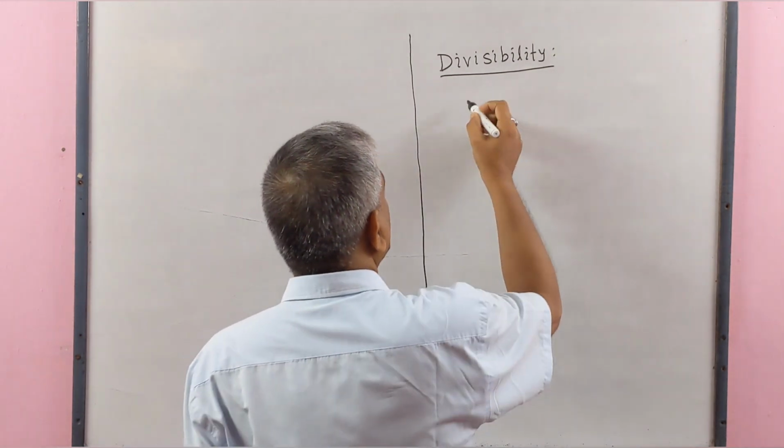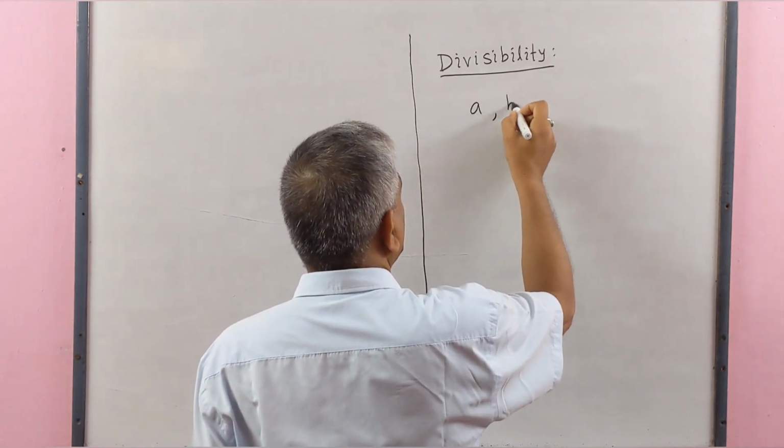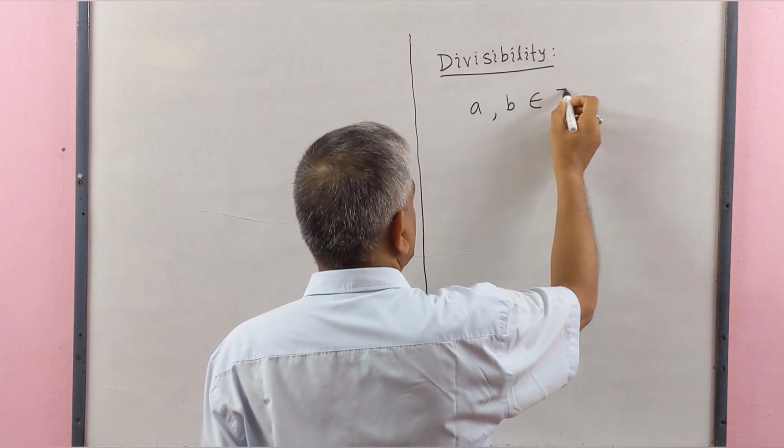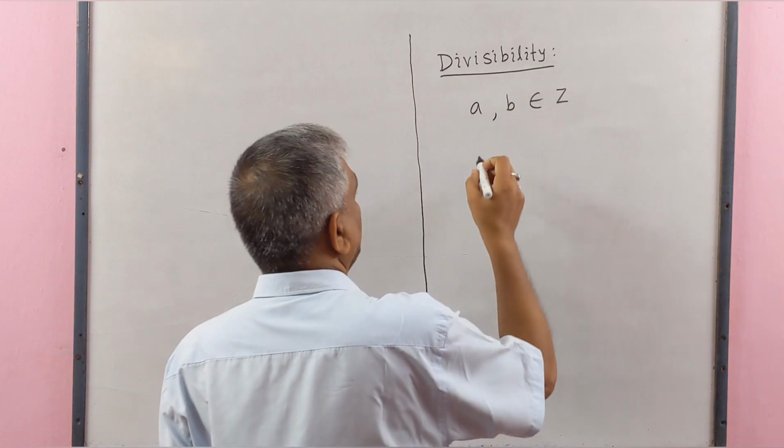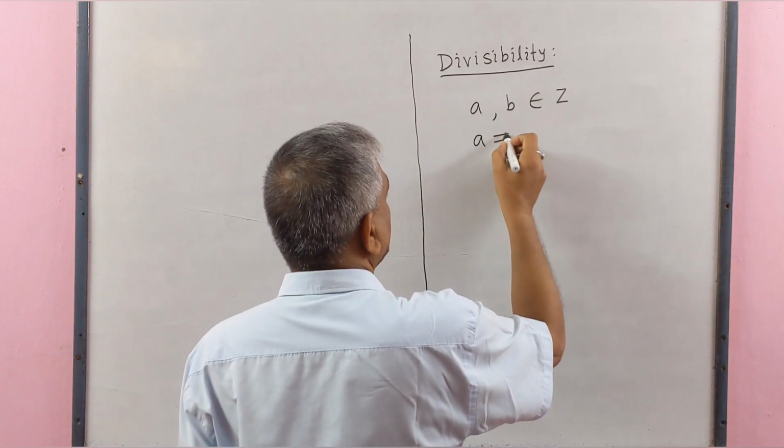Let A and B be two integers, Z be the set of integers, and A not equal to 0.